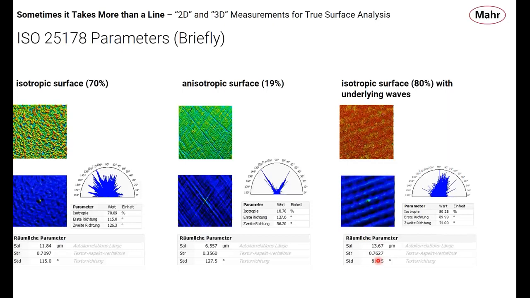But then we let the mathematics run, and it's actually not. 70% is pretty isotropic, but there is some directionality to it. It's not a big directionality, but the machine is able to say that at 115 degrees there is some larger signal.